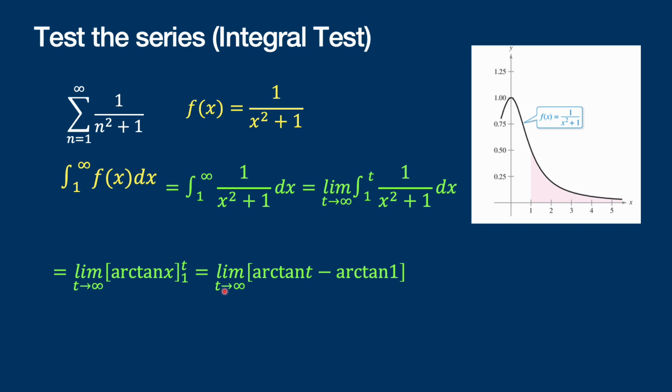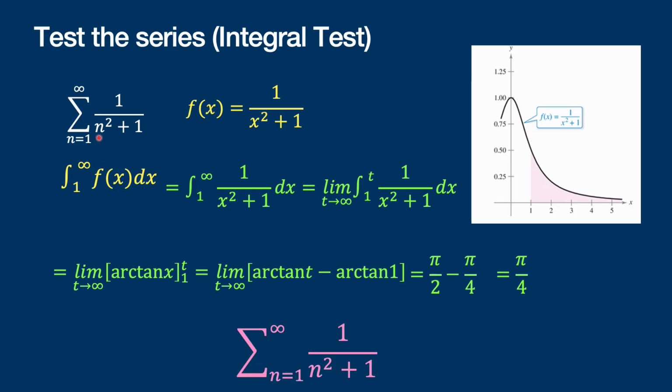Arctangent t, as t approaches infinity, is pi over 2. The answer is going to be pi over 4, which means the improper integral converges. You're going to say this infinite series converges, not that its sum is pi over 4. No, we just know it converges.